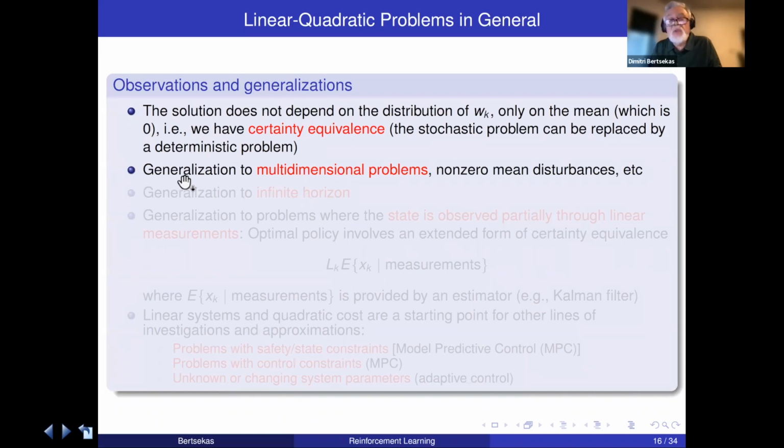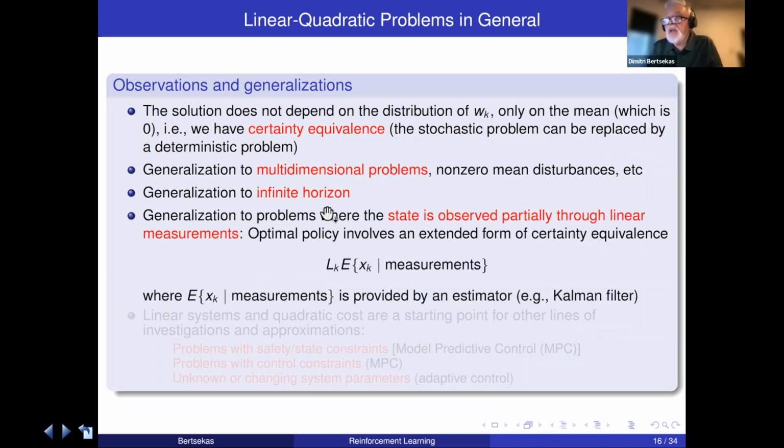As I mentioned earlier, it's generalized to multidimensional problems, non-zero mean disturbances, and so on. It's generalized to an infinite horizon. We're going to discuss this essentially by taking the limit in the solution of the finite horizon problem as n goes to infinity.